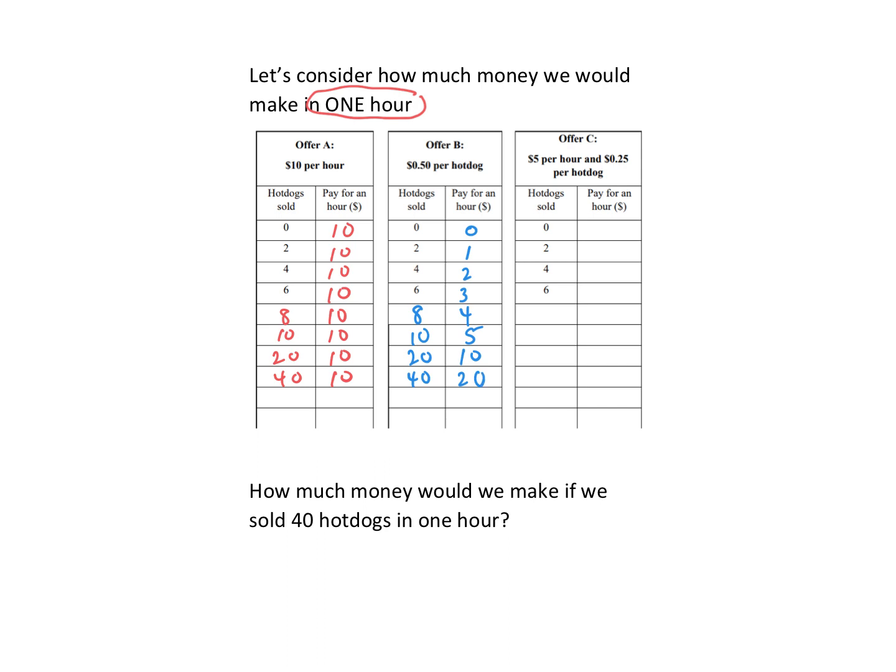And then the third offer is $5 an hour plus a quarter for each hot dog. So if I sell 0 hot dogs in that hour, I still make $5. If I sell 2 hot dogs, times a quarter is 50 cents plus the $5, so $5.50. If I sell 4 hot dogs for a quarter each, that's $1 plus the $5 is $6. 6 hot dogs would be an extra $1.50, so it would be $6.50.